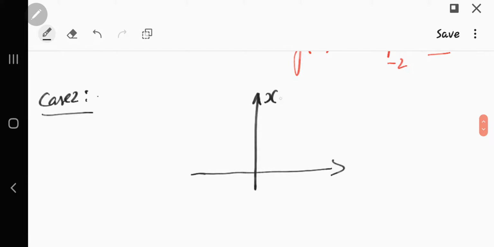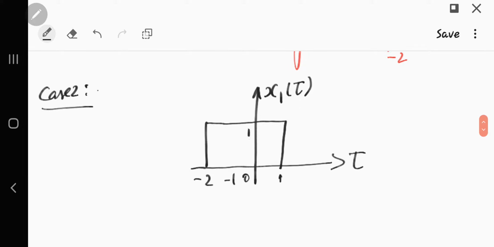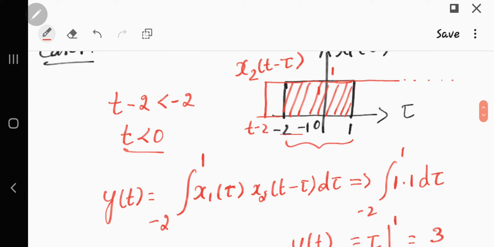So this is my x1 of tau, varying from -2 to +1 with amplitude 1 here. Now in this case I will place this t minus 2. This t minus 2 was here, less than -2.